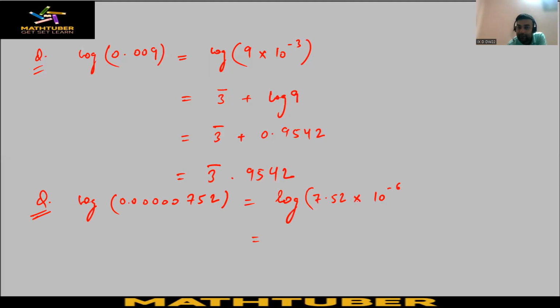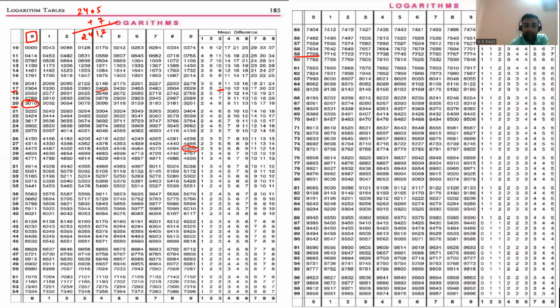So if minus 6 is the power of 10, then 6 bar becomes the characteristic, and now you have to find out 7.52 here, which means 75 at the second column. So you have to first find out 75 here. So 75, and the second column is this one.